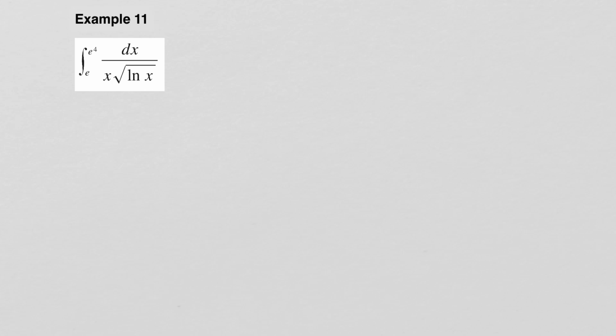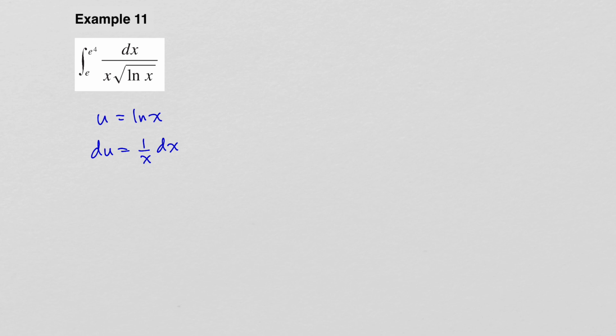In our next example here, we have the integral from e to the 4th of this interesting function. Once again, when you have a radical, I really recommend trying letting u be equal to the inside of the radical. So let's try u equals natural log of x. Now if we do that, du of course is 1 over x dx.